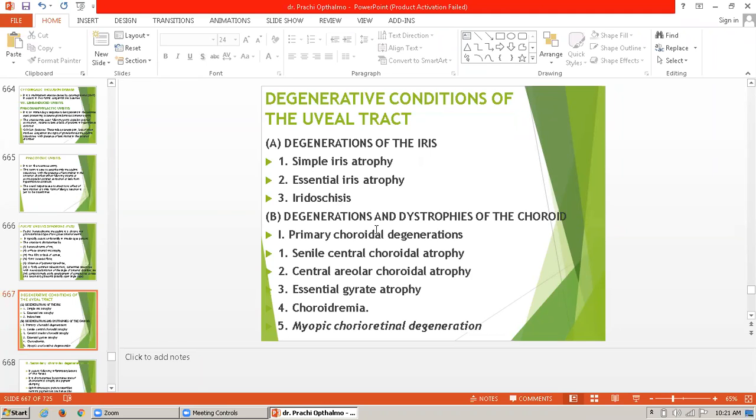So B, that is degeneration or dystrophies of the choroid, in that first one is primary choroidal degeneration, then senile central atrophy, second is the central areolar choroidal atrophy, third one is essential gyrate atrophy, and fourth is choroideremia, and fifth that is myopic choroidoretinal degeneration.